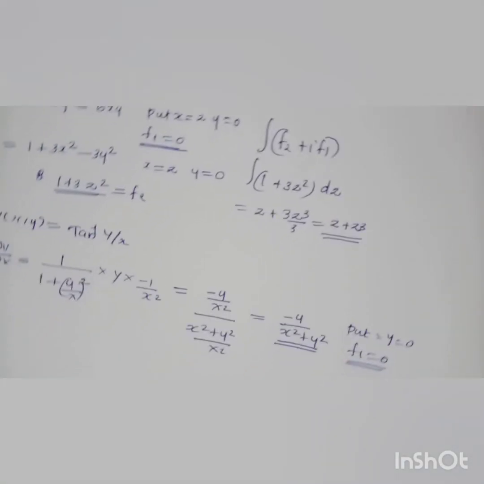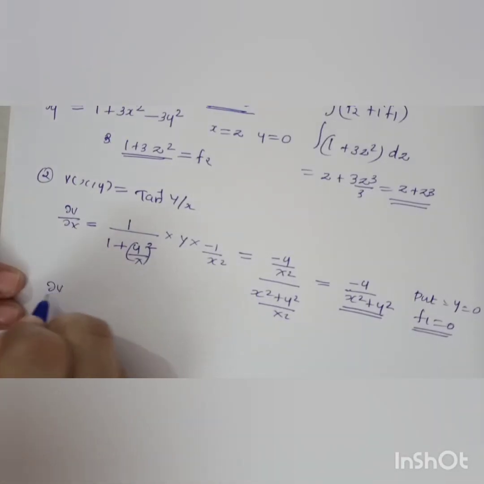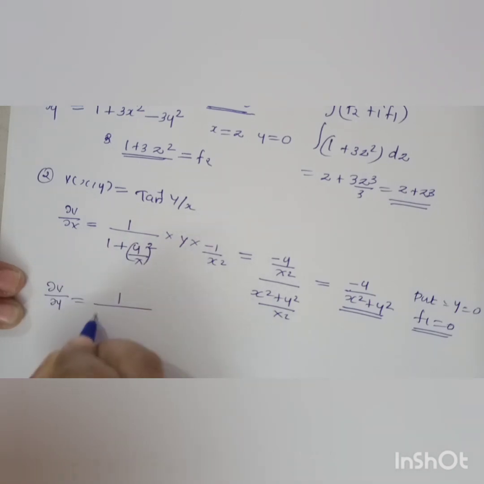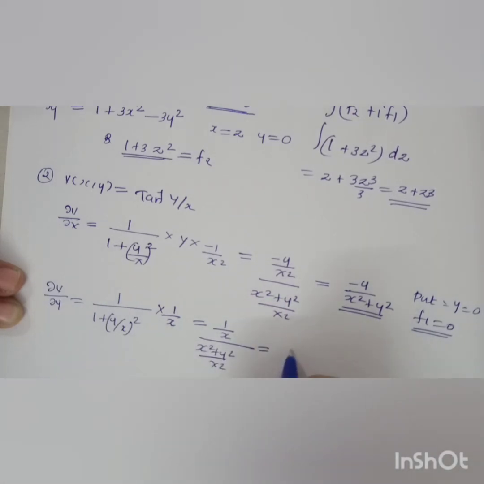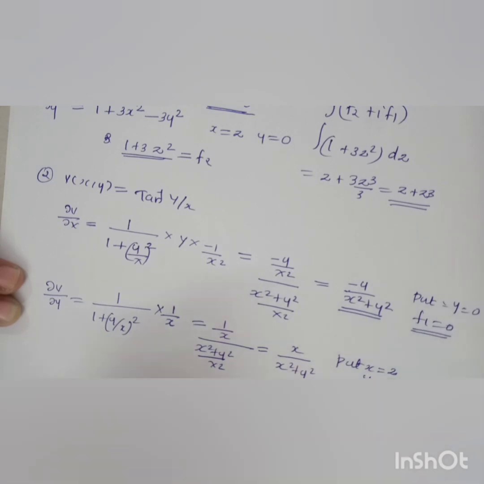Next, dou v by dou y is 1 divided by 1 plus y by x whole square, and the derivative of y by x with respect to y is 1 by x. So 1 by x divided by x square plus y square divided by x square, that is x divided by x square plus y square. Put x equal to z, y equal to 0, so we get z divided by z square, that is 1 by z.